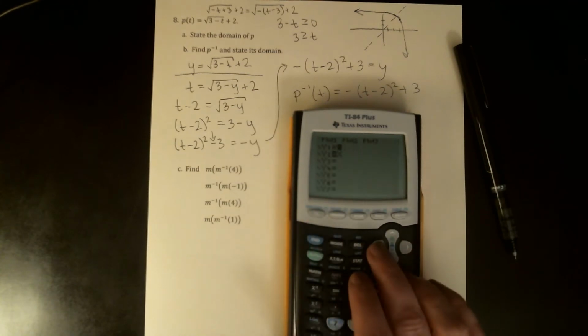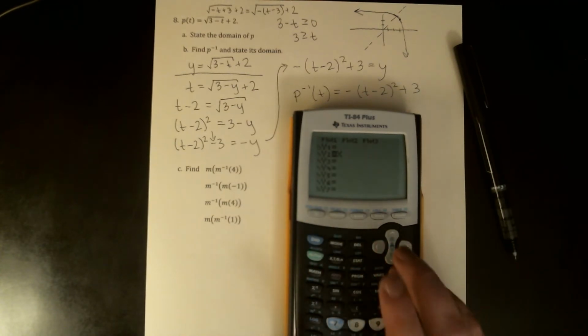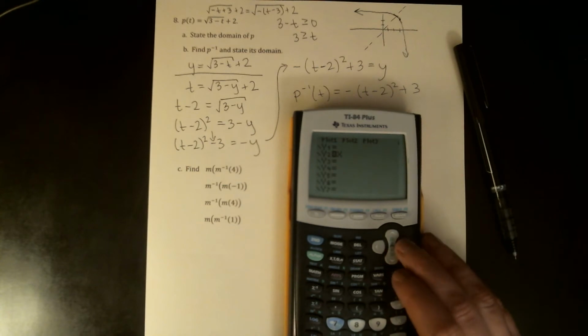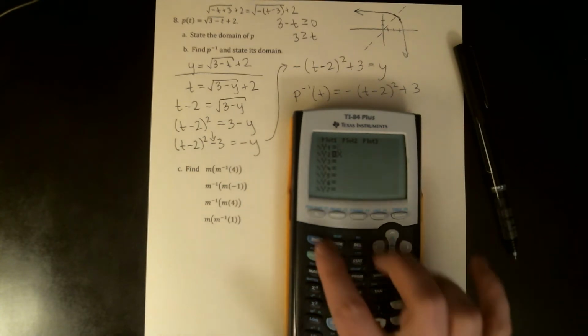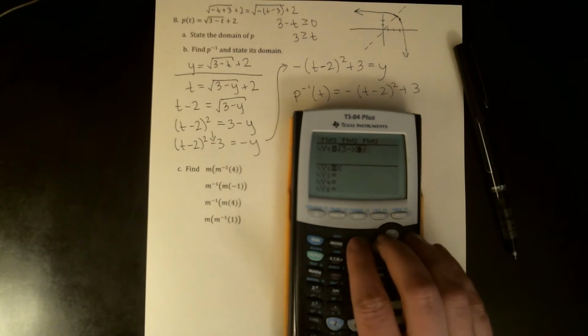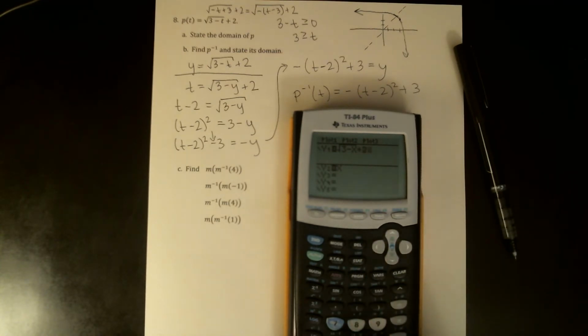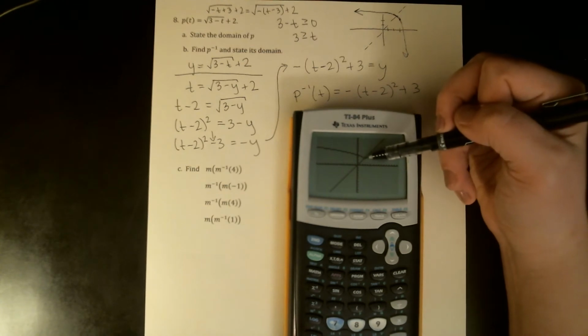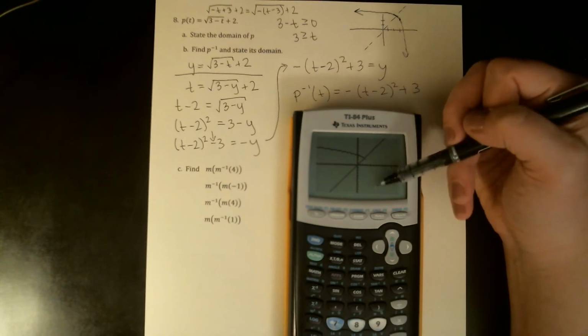Okay, so if we go through here, y equals x can stay, that's fine, and we graph the square root of 3 minus x plus 2. There it is. And there's y equals x. So when we flip, we're going to get something that matches up fairly closely. It's not spot on, but fairly closely, and then heads out this direction.